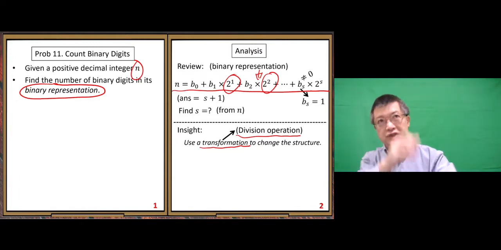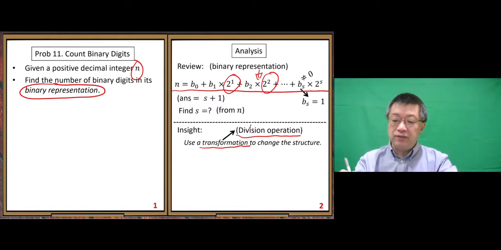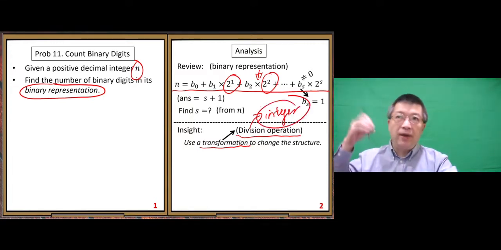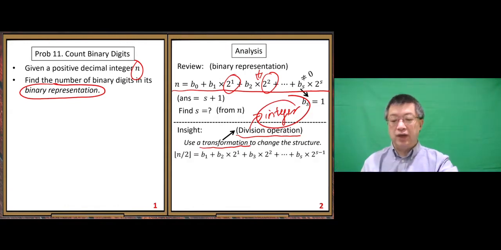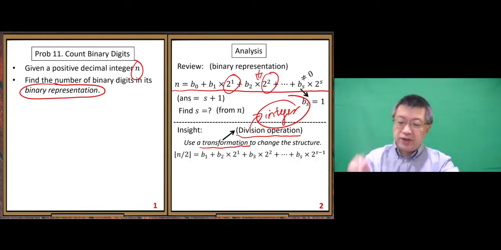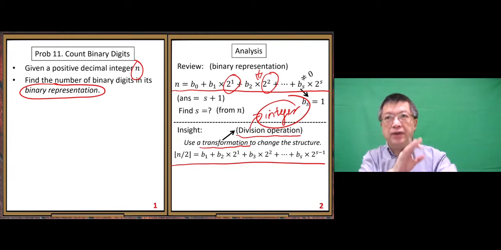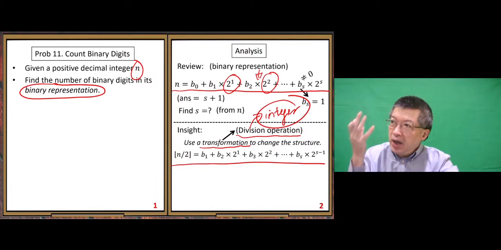That's the critical step. When we do division by 2 on both sides, what would happen? But this division should be integer division. The fractional part we need to throw away, so we only do the integer division. We get this new formula. Left-hand side, we use the floor function, n over 2, because we only want to take the integer part.